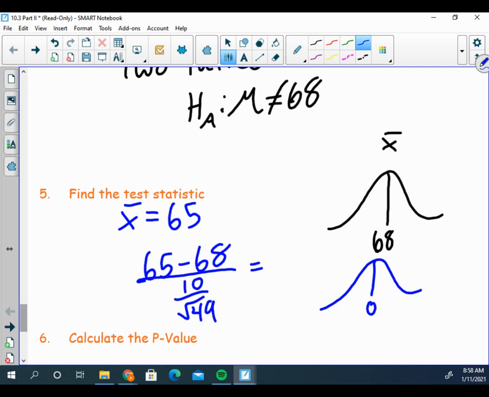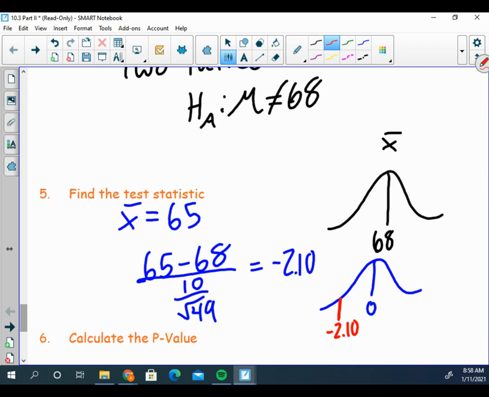I got negative 2.10. Okay? So our data value, negative 2.10, is here. We're that many standard deviations below the mean.